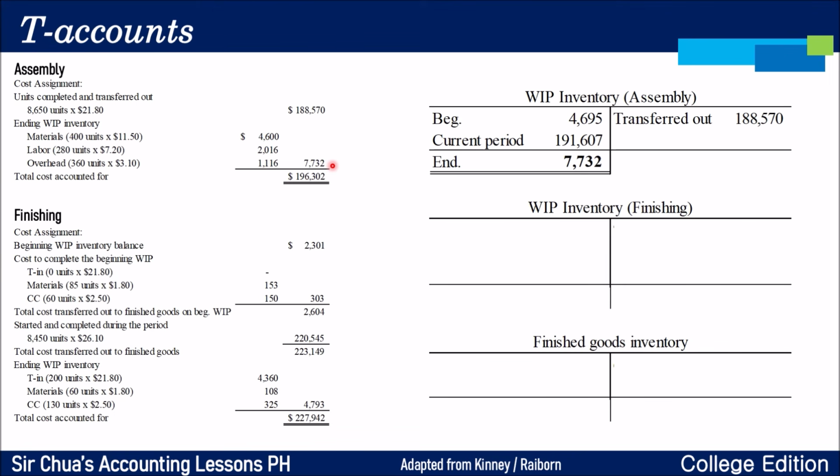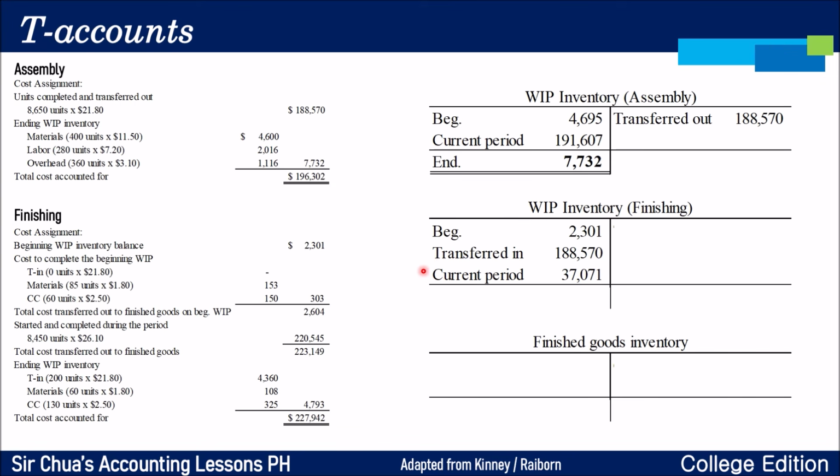Okay? Ngayon po, in finishing department naman po, ang beginning work in process natin sa kanya is 2,301. At ito po yung transferred in natin, which is 188,570. Saan po galing to? Ito po yan. Yung transferred out sa assembly, papasok natin sa finishing, 188,570. And then, add po natin yung current period cost natin as to materials and conversion. Yan po yung nasa problem na 15,471 and 21,600.